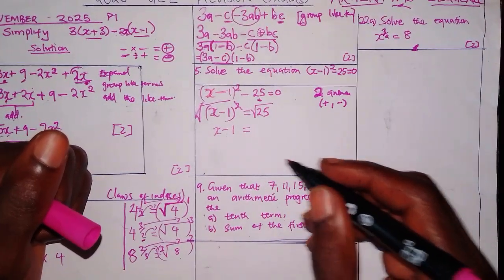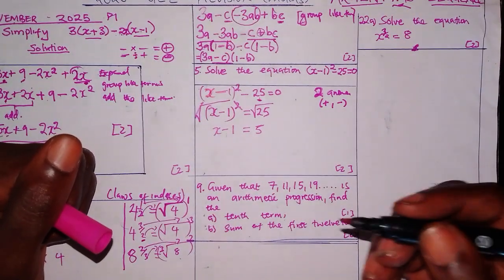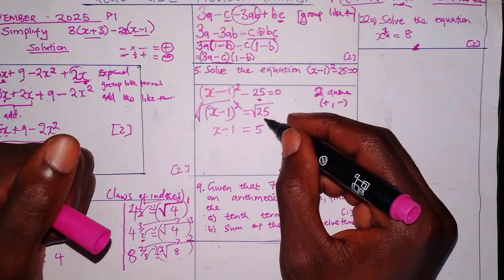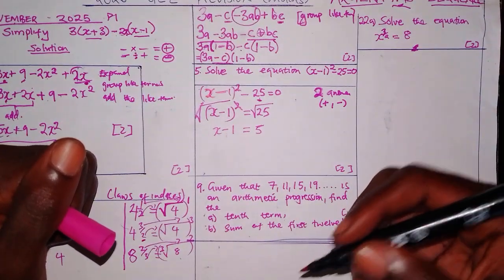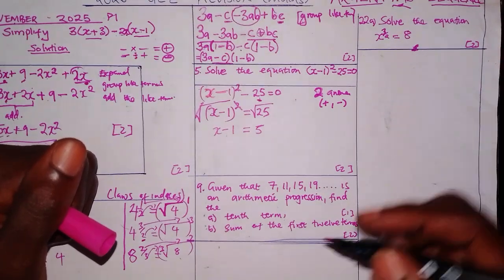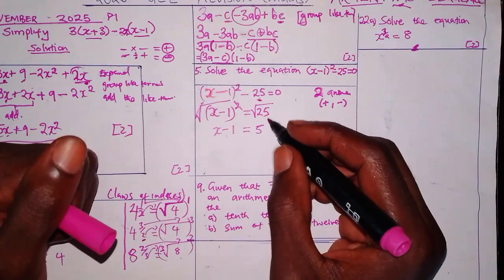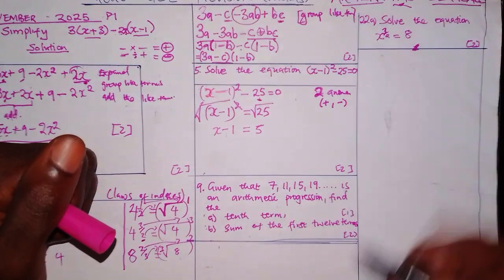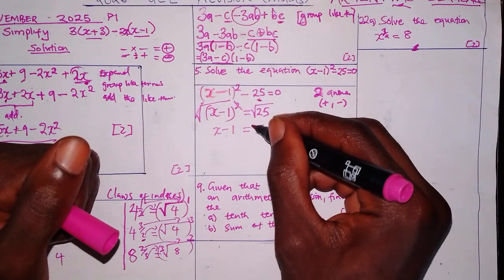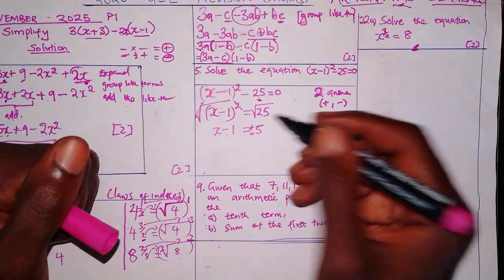We said is what? 5. So the square root means what number can give us 25 if we multiply itself 2 times. So that is 5. Then here we said that whenever you see a quadratic equation, how many answers? 2. So meaning here is a positive or negative 5.